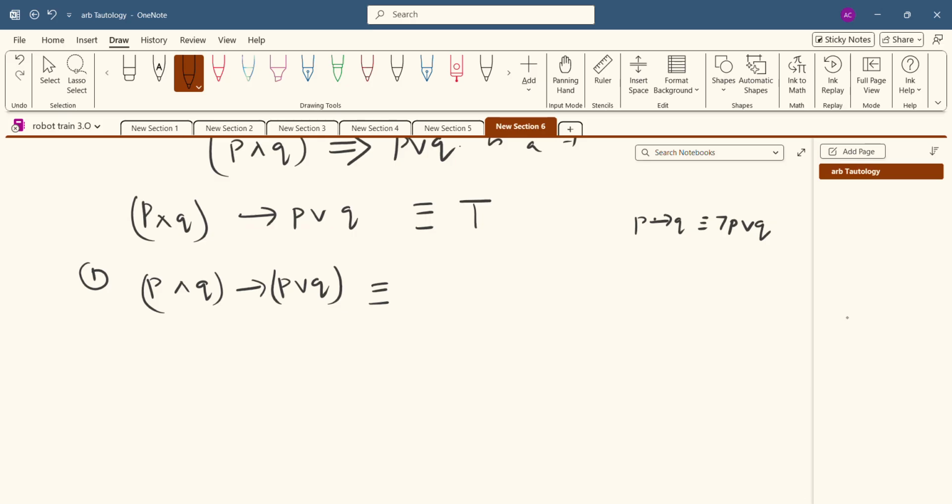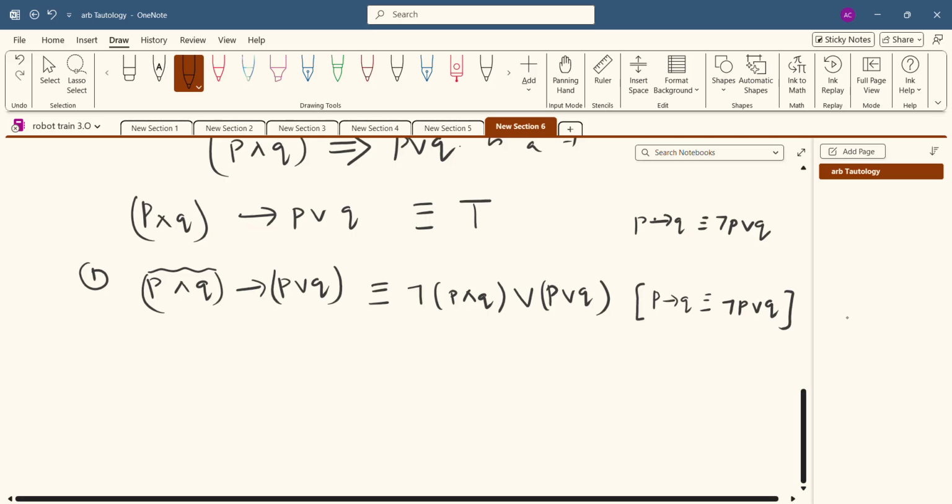So I can apply this, the whole thing I can call P and this is Q. Negation of P conjunction Q union P union Q. In the bracket you can write the logical equivalence: P conditional Q is logically equivalent to negation P union Q. Here I can apply De Morgan's law.